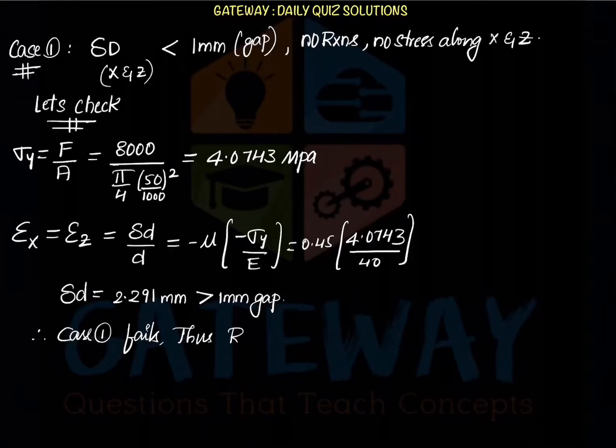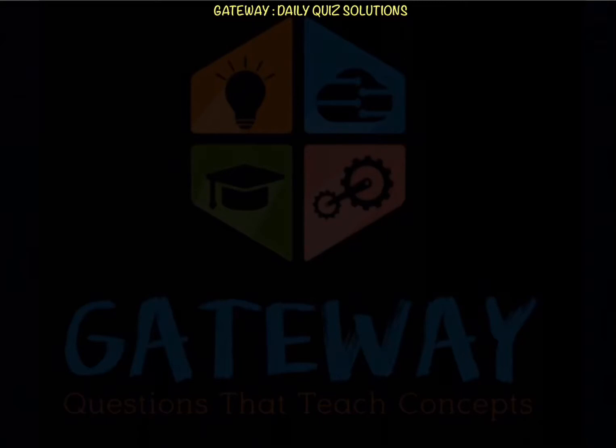Thus reactions will be developed along X and Z directions, and stress along X and Z exists. Right. So now we will calculate what exactly will be the stresses in that sigma X and sigma Z direction. Nothing but they both will be equal. Now we will be calculating the stress.